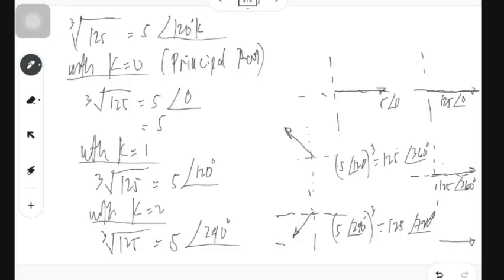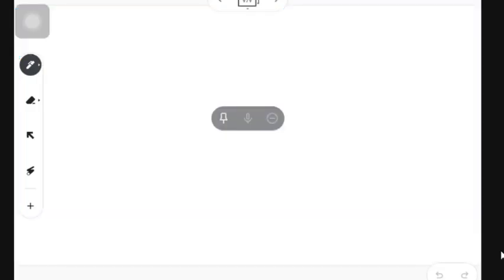One more. Let's have one more example. Halimbawa, find the four roots. Pinapa-evaluate yung four roots of, sabihin natin, 2 cube is 8 times 2, 32.